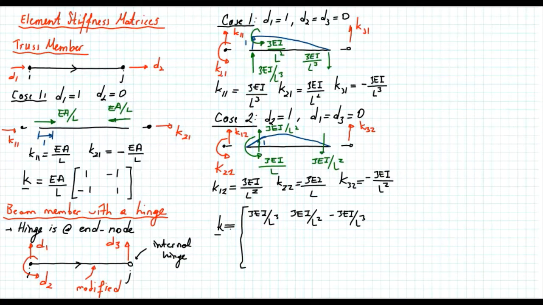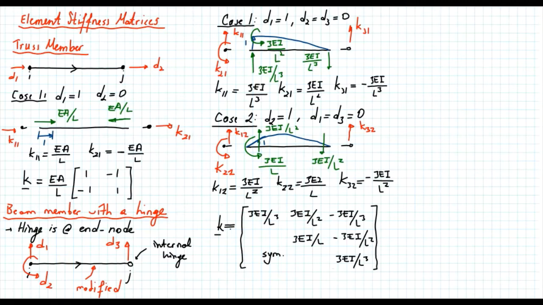The second row, 3EI over L squared, 3EI over L, minus 3EI over L squared, and third row, minus 3EI over L cubed, minus 3EI over L squared, and 3EI over L cubed. So this will be a symmetrical matrix. So when I have an element like that, an element who at the end node is free to rotate, this matrix shows all the stiffness coefficients.